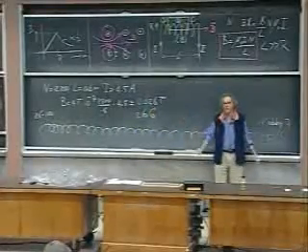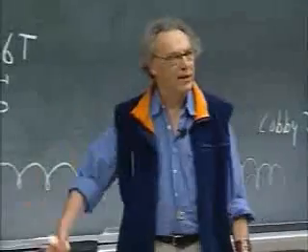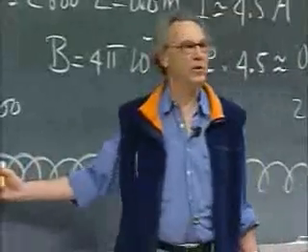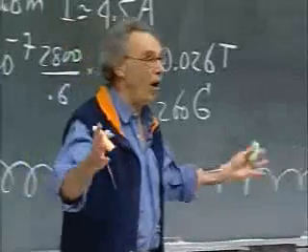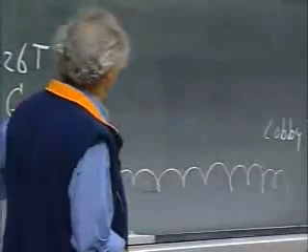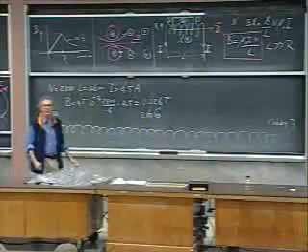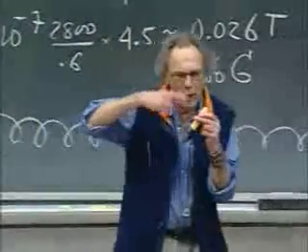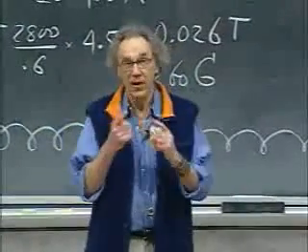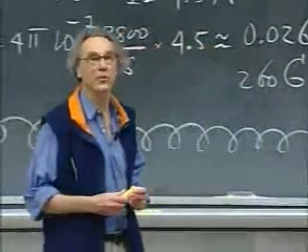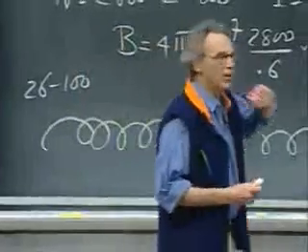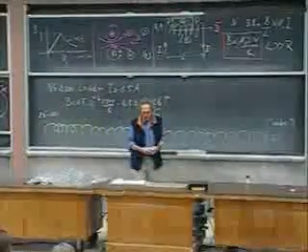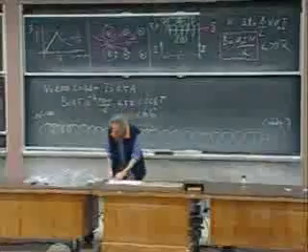Practically nothing. It falls off so rapidly, the magnetic field, that we don't notice it here. So it's immediately obvious that the magnetic field is not proportional to how many loops you have. If, however, you put all those loops on top of each other, then, of course, you can add the magnetic field. And so it is natural that you get how many windings you have per unit length.